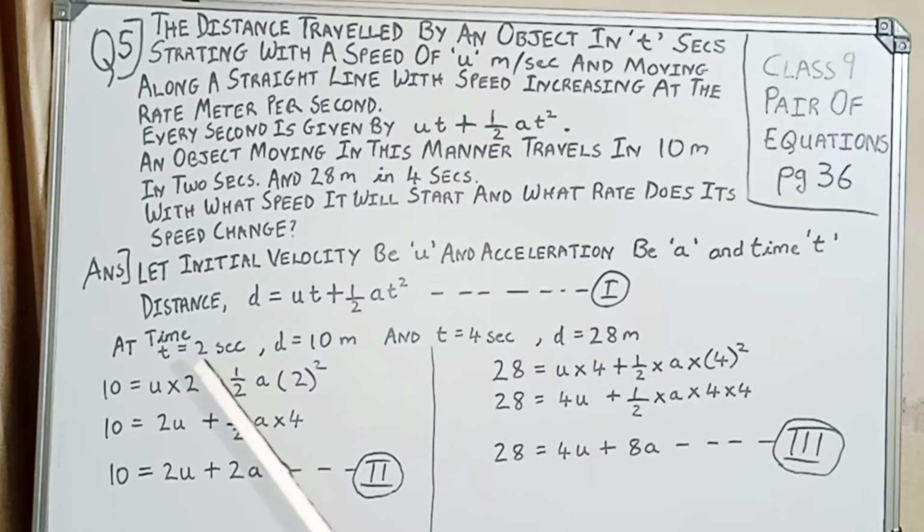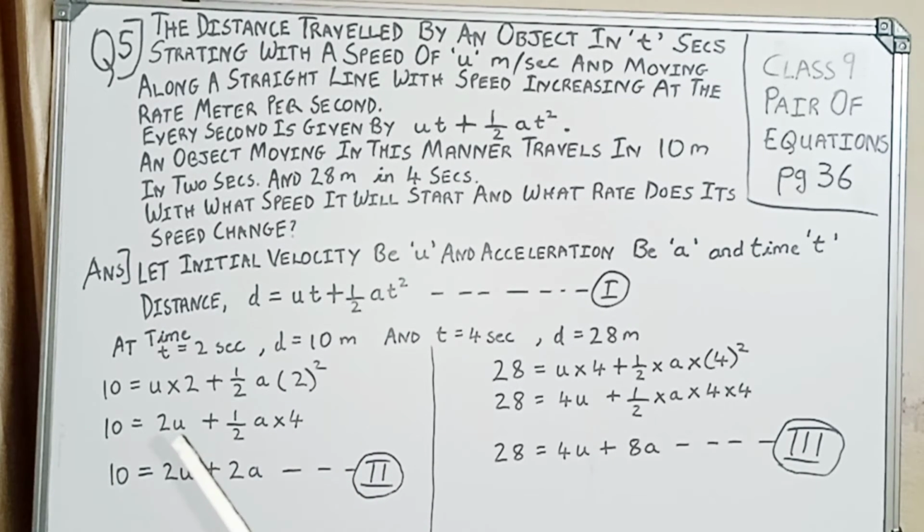So when we substitute small t as 2 seconds and d as 10 meters, instead of putting 10 m we have just put the numbers. So 10 is equal to u into 2, plus half a, which we are not aware of, into t square, that is 2 the whole square. 2 into 2 is 4.